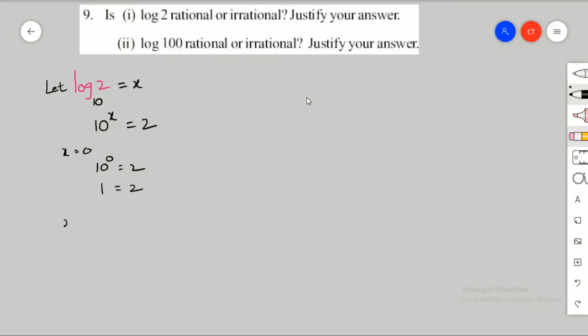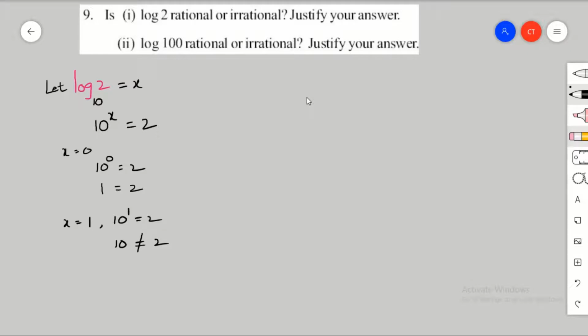If I take x equal to 1, this becomes 10 power 1 is equal to 2. 10 is not equal to 2. So the value 1 in place of x is also not valid. So we can conclude that no way we can prove that 10 power something is equal to 2.